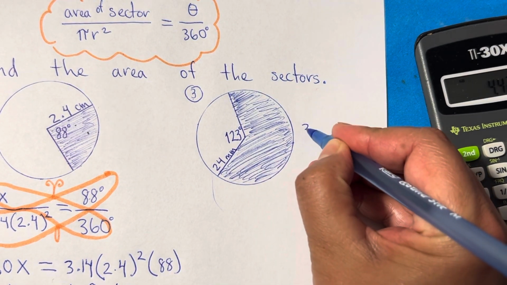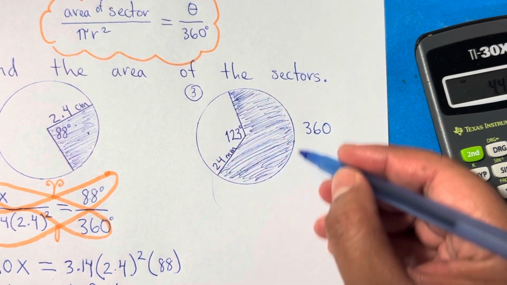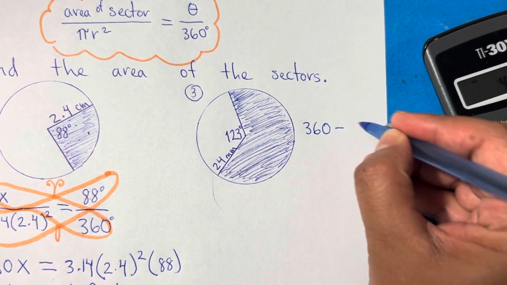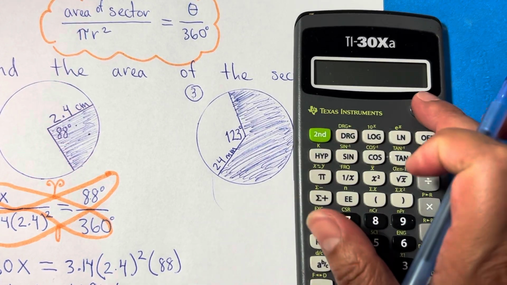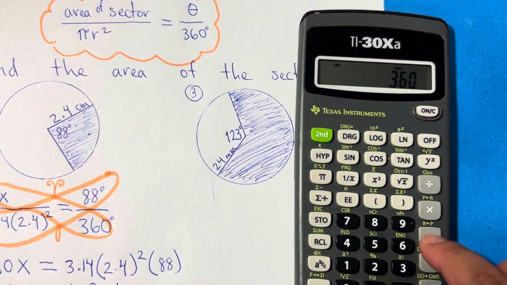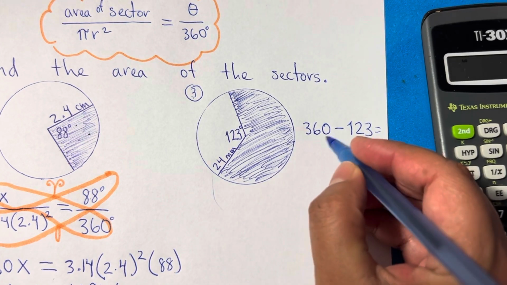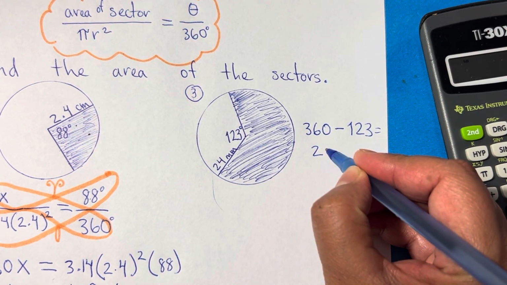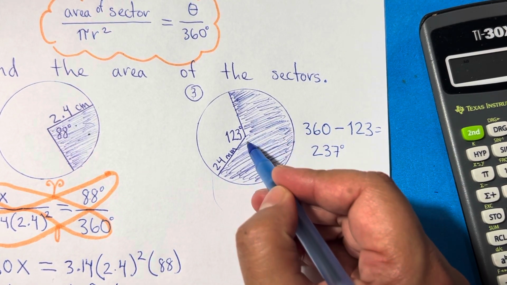So first of all, we're going to have to subtract 360, which is around the circle in degrees, minus 123. So 360 minus 123, and that's 237.